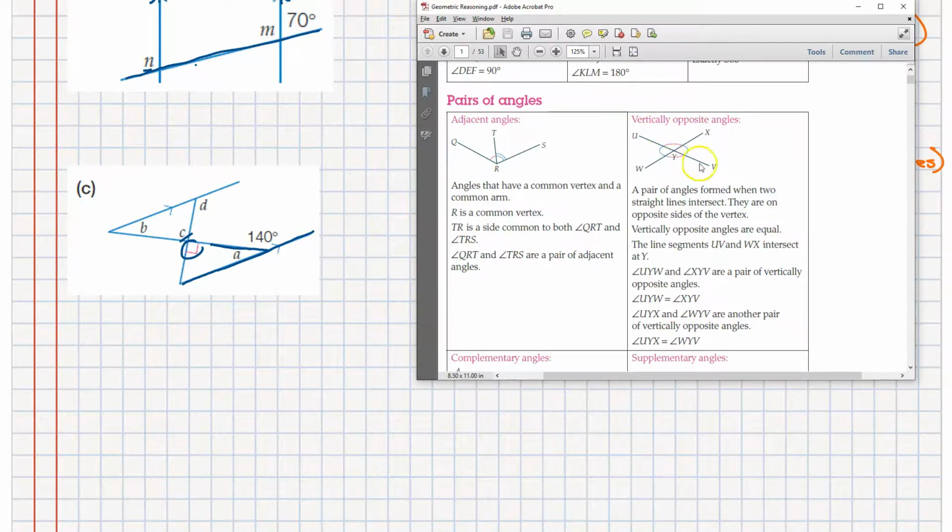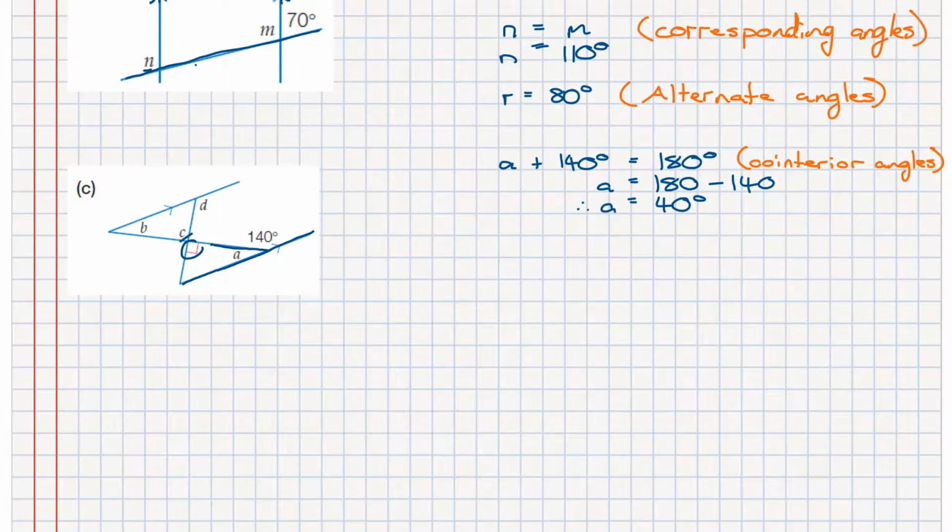So you've got two straight lines that cut each other, and the angles that are opposite one another are actually equal to one another. So what we can say is that the value of C is therefore equal to 90 degrees, because that's what this little box here tells us. It's a right angle, and they are equal, C is equal to 90 degrees because of the property of being vertically opposite.